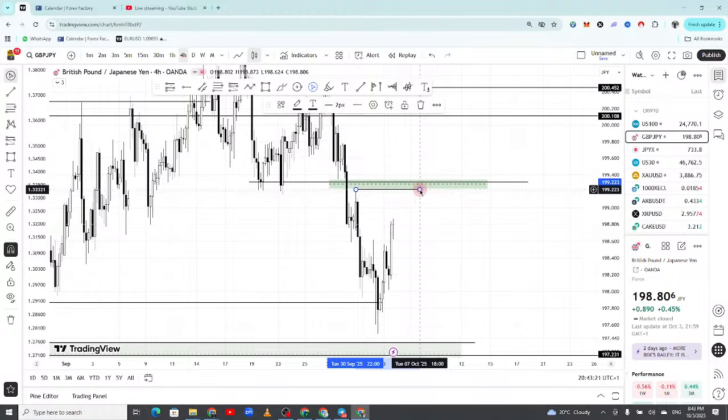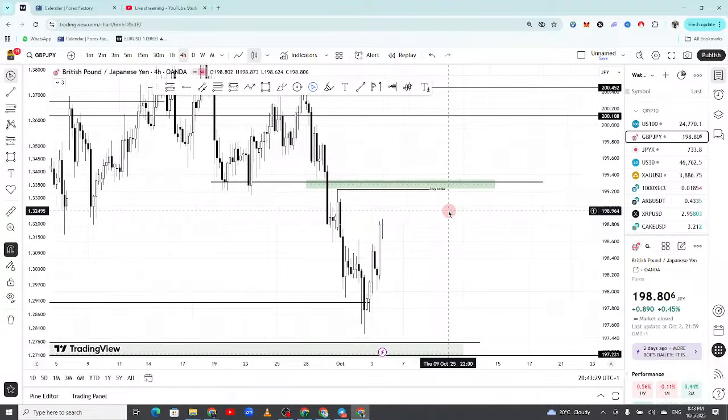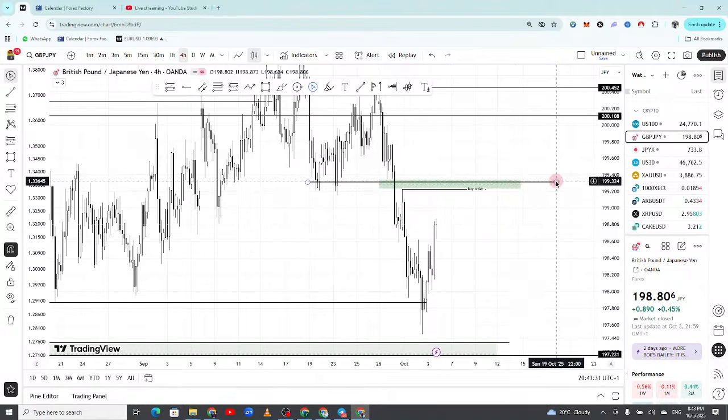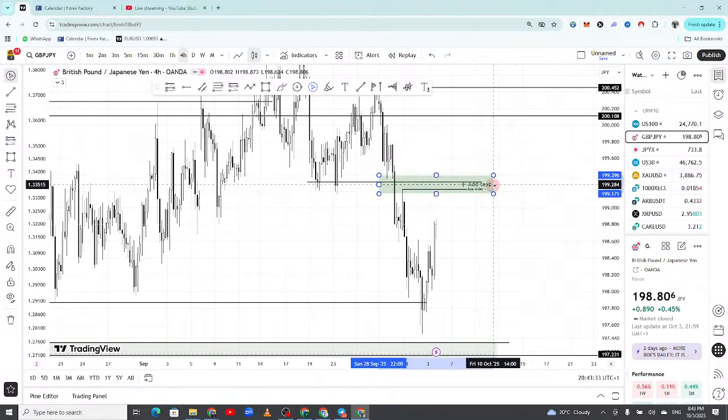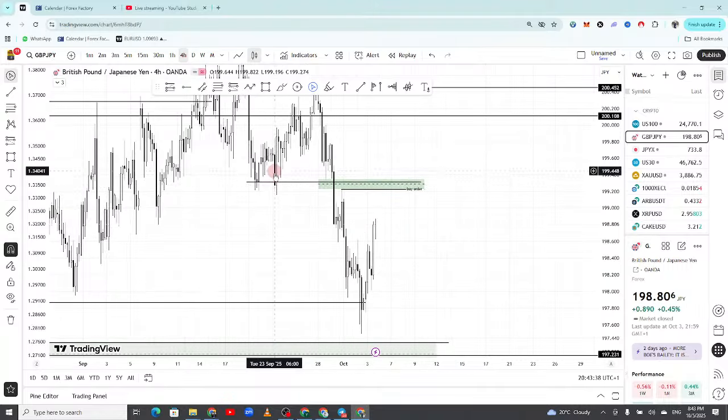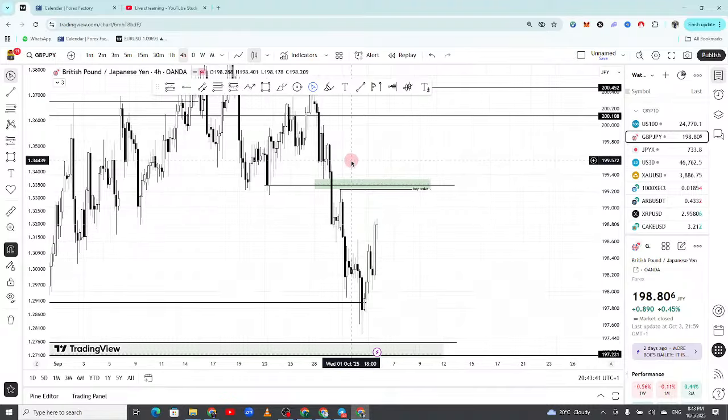This is where people who are selling have their stop losses. So that's where we have our buy orders, and if that's where we have our buy orders in the market, then we can likely expect price to retest this breaker from here, and maybe we can have some shorts around that zone.